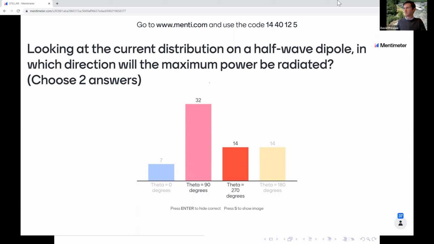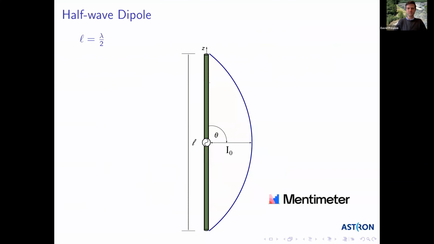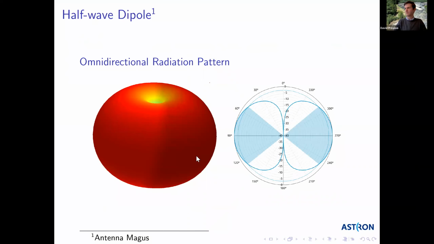And to show you graphically what that looks like, this is what we call an omnidirectional radiation pattern. And this is the radiation pattern of a half-wave dipole antenna in free space.